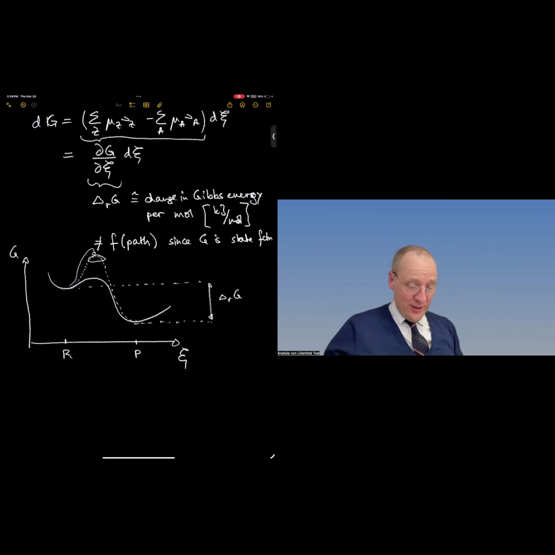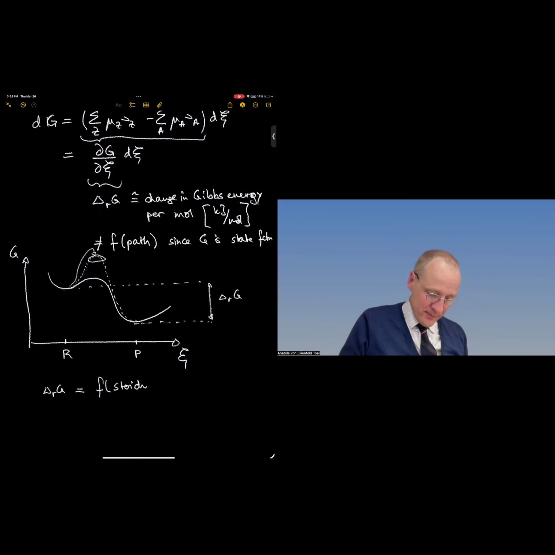To continue here, what you see now is that delta R G is a function of stoichiometry. It has an explicit dependency on your stoichiometric factors, on the chemical composition of your substance.